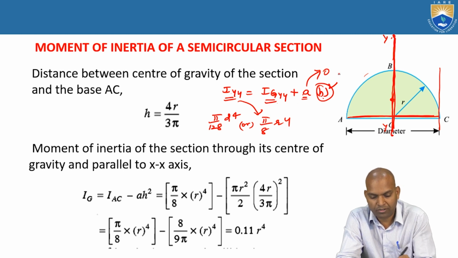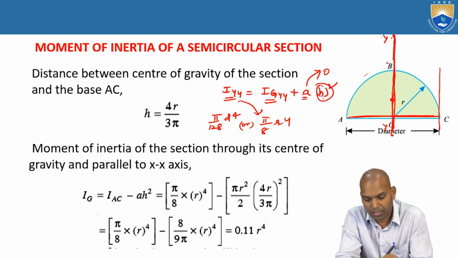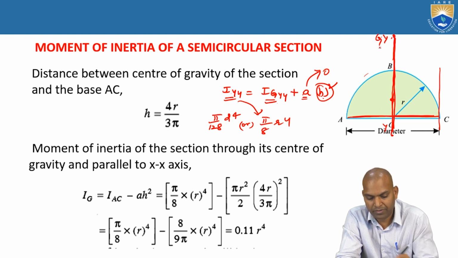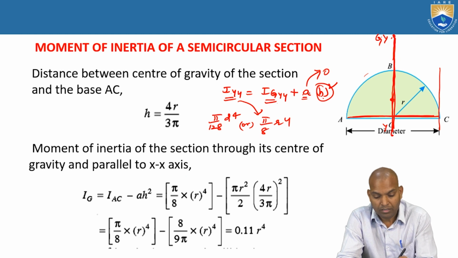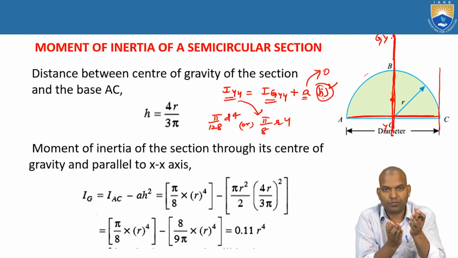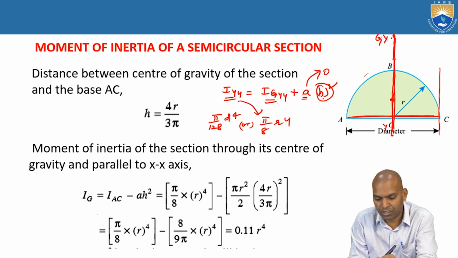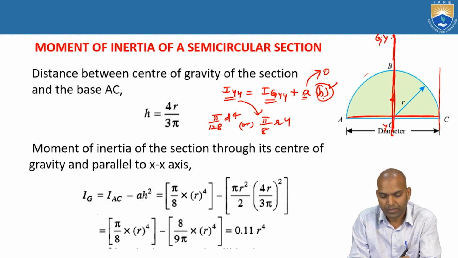Now we want I_GYY. This is passing through the centroidal axis. Don't get confused here. This area times this distance is 0, because both lines coincide: the distance between the centroid and the reference axis YY is 0. A times 0 becomes 0.